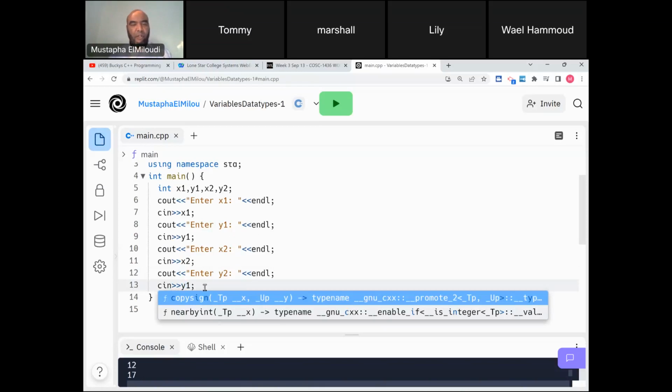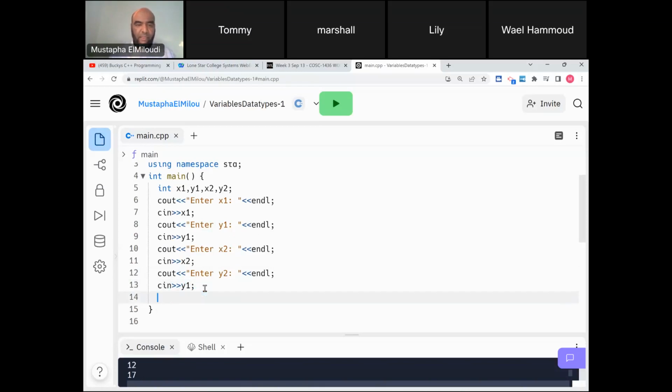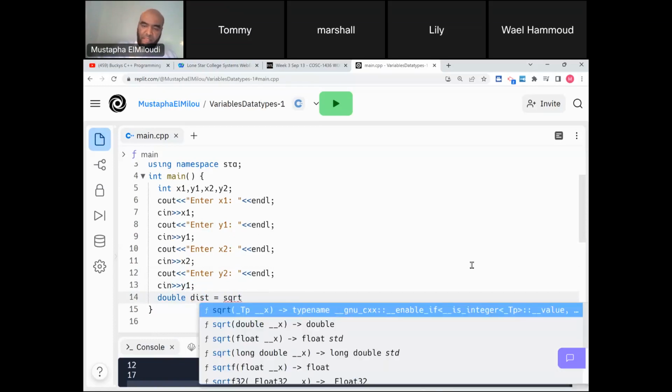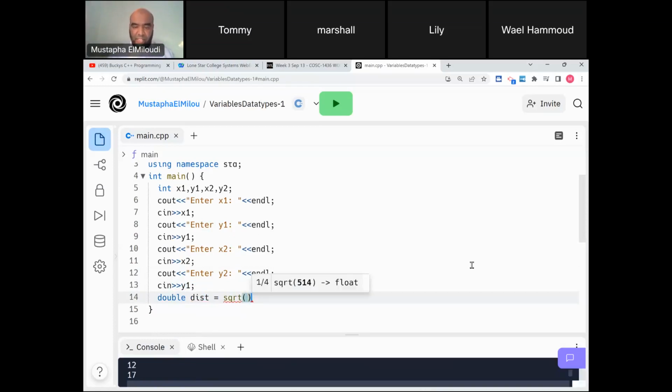Okay. So now the distance, I'm going to create a double called distance. So it says the square root first. So what function should I use? SQRT. Very good. See, you all are paying attention. And then inside, the power has to be inside the square root.